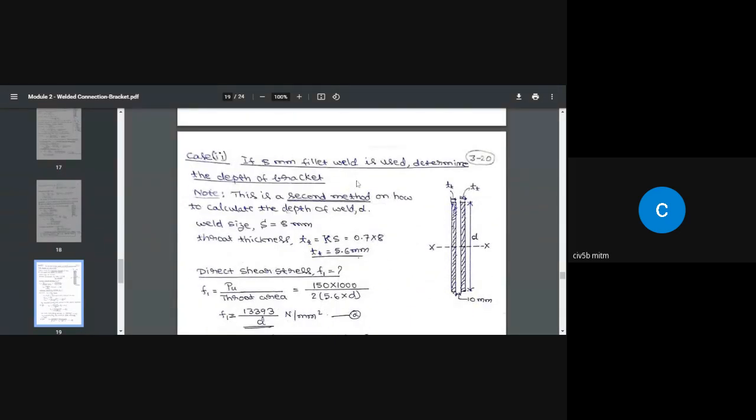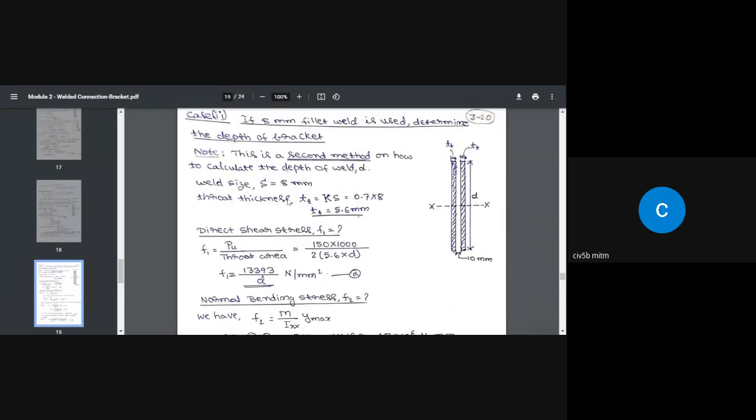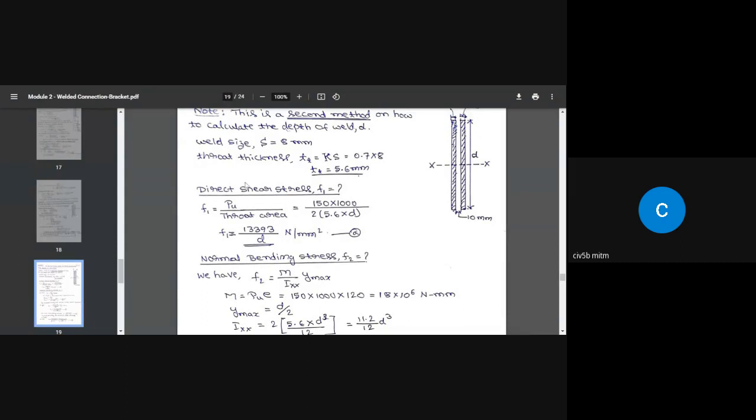So another method I've shown is if 8 mm fillet weld is used, determine the depth of the bracket. I called this D. This is a second method on how to calculate the depth of the weld. So weld size is equal to 8 millimeter. Throat thickness is 5.6 millimeter. So what is the direct shear stress F1?